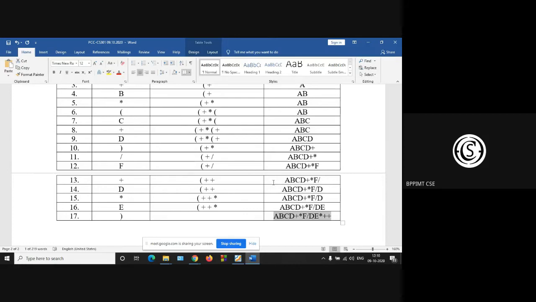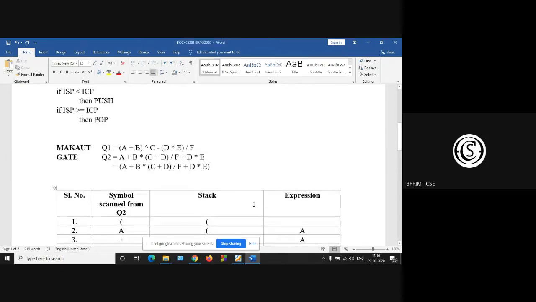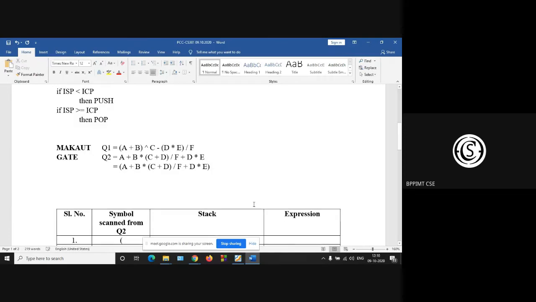Okay. Then postfix expression to infix. So this is your homework. I will share this page. Q3.